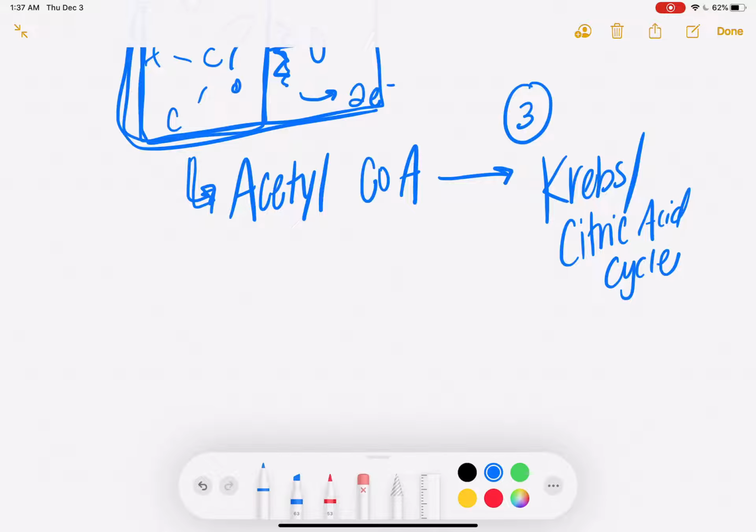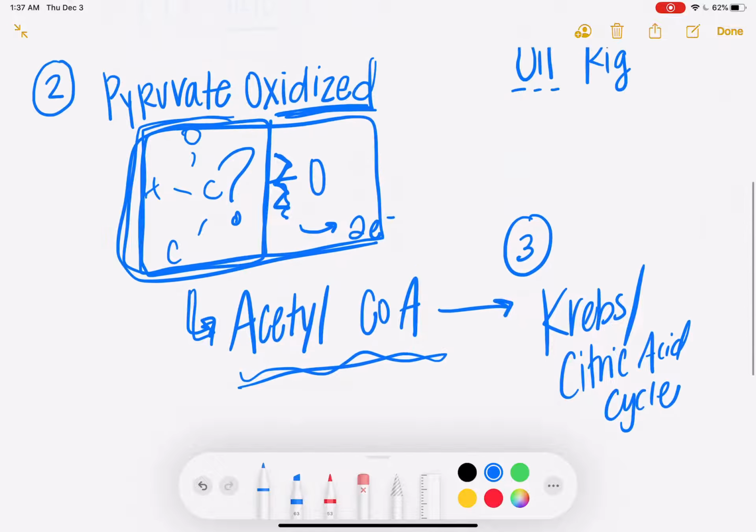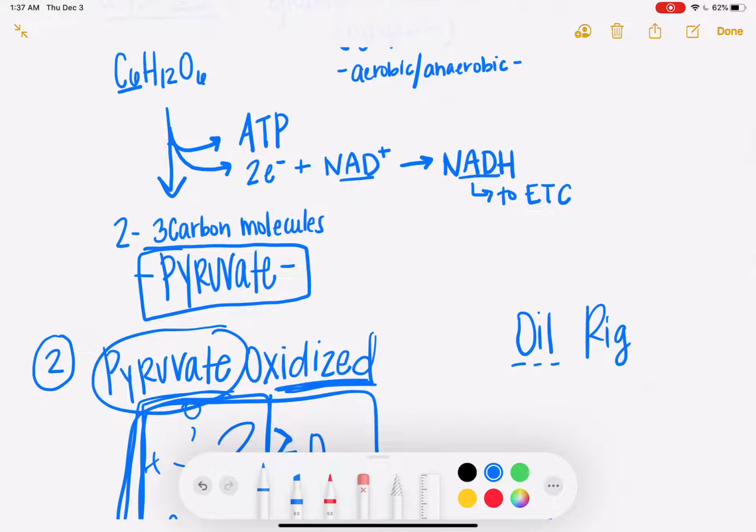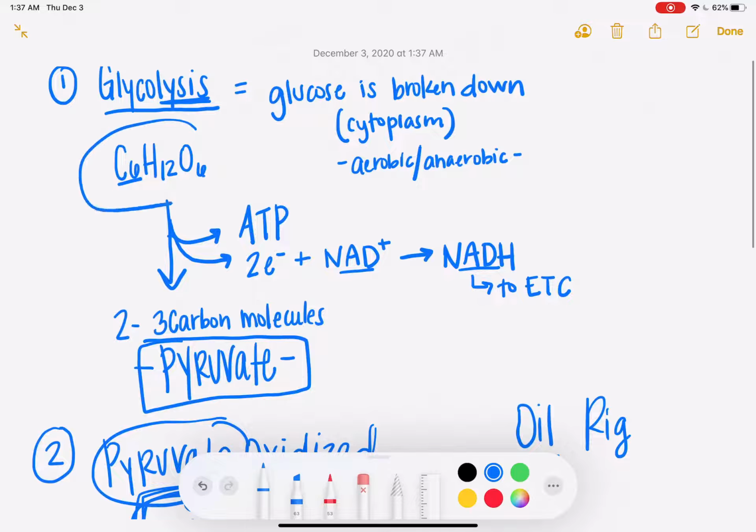Okay? That's what you have to get the citric acid cycle going, is acetyl-CoA, which came from pyruvate, which came from our glucose molecule that we started with, that we ate, that we got in our diet, right? When you eat any type of carb or sugar or anything, all right?